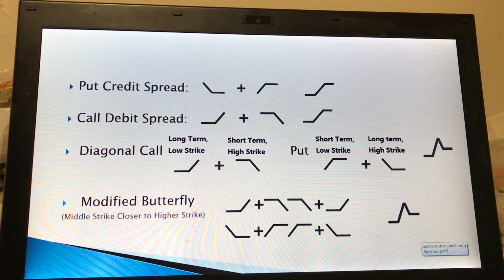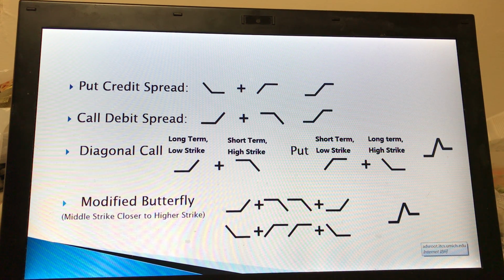The logic might be a little hard for this part, but if you have trading experience in the put credit spread or the call debit spread, you will quickly understand what I mean, and this will sound very reasonable.